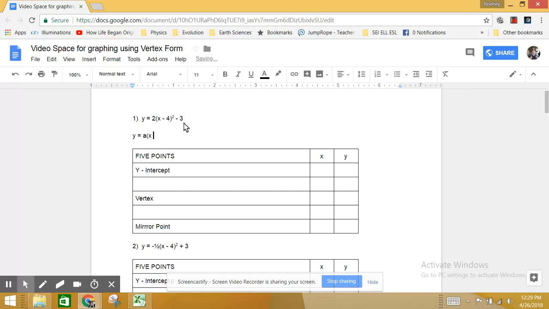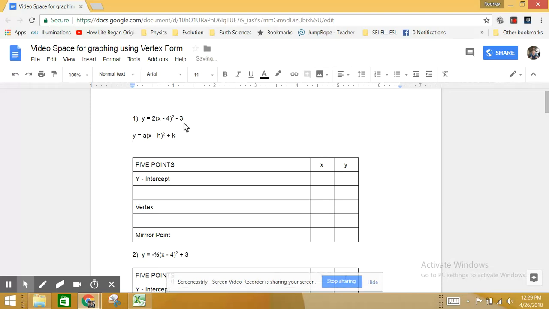And we have, of course, x minus h squared plus k. This is basically a transformation of the basic y equals x squared. We have a vertex point, which is going to be at (h, k). So if we can figure out what (h, k) is, then we can find our vertex. Well, in this case, h, the thing we're subtracting from x, is 4.